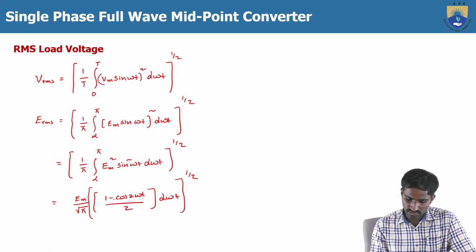Then apply the integral to this (1 minus cos 2 omega t) by 2.